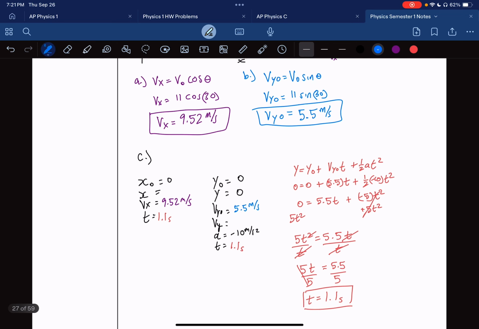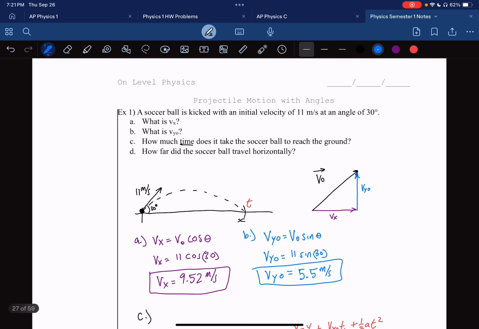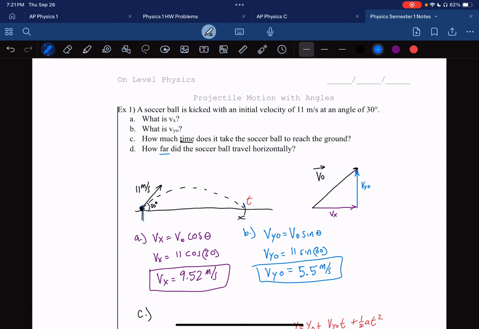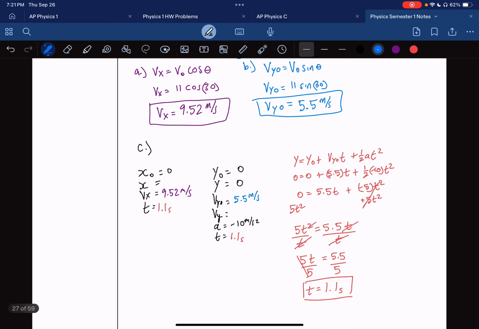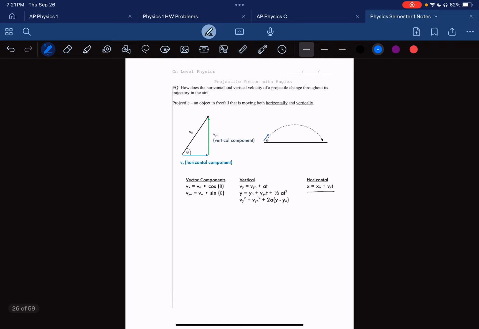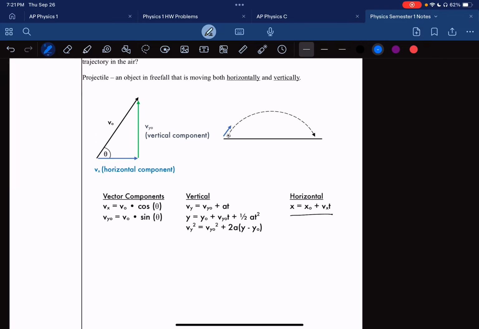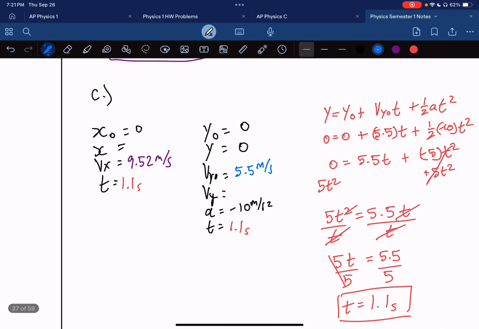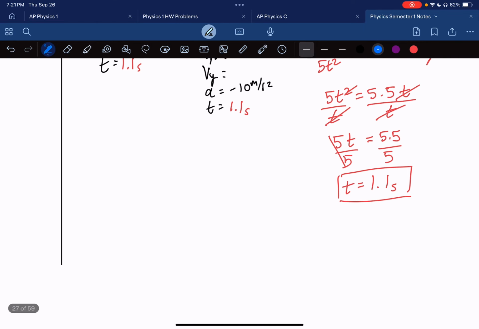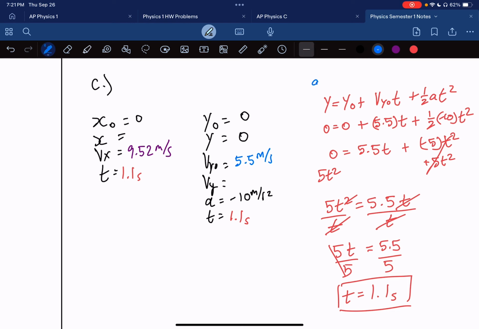Sorry, that was for part C. Part D says, how far did the soccer ball travel horizontally? So in other words, we want to know what is x. Well, we have an equation for x. That's going to involve our horizontal list. X equals x naught plus Vx t.